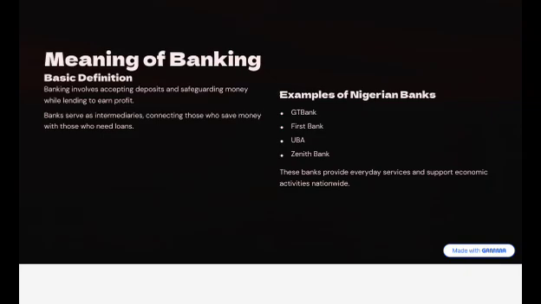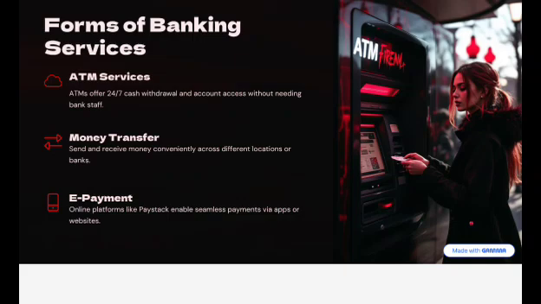Banks also offer other services like wealth management, currency exchange, and safe deposits. In Nigeria, banks like First Bank, GT Bank, UBA, and Zenith Bank provide these essential services, helping to keep our economy functioning smoothly. Think of a bank as the heart of the financial system, pumping money through the economic body.